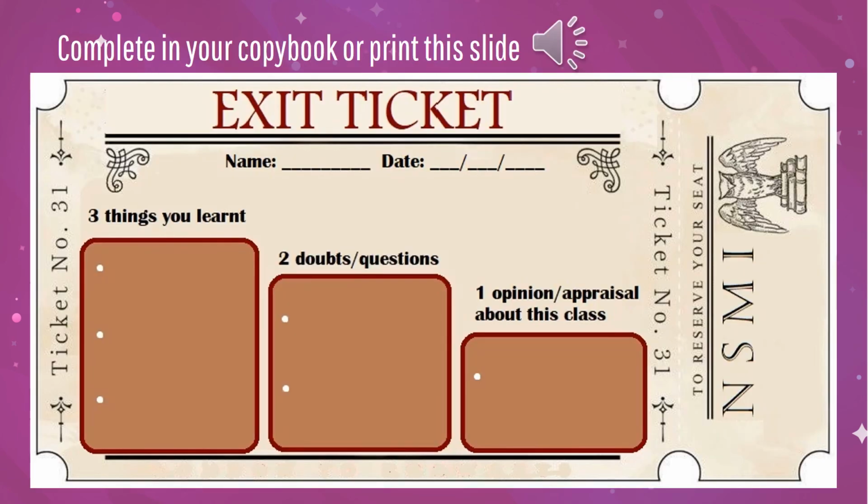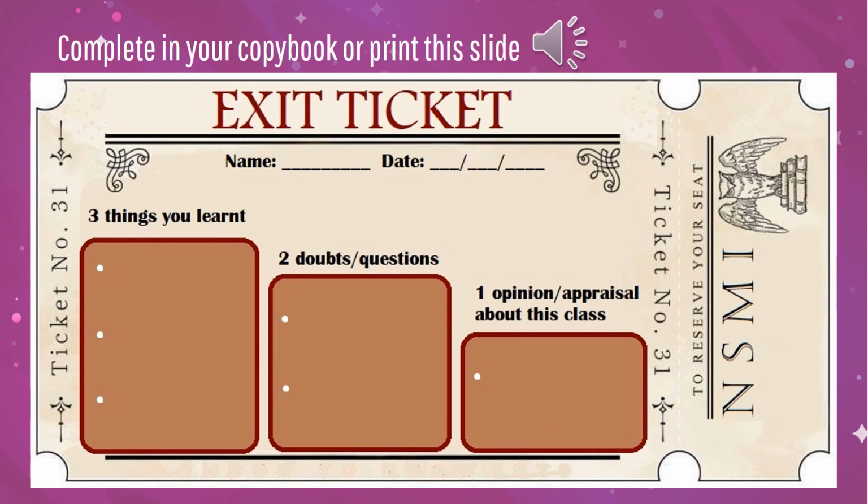Now, to finish this activity, as in the previous chapters, you have to complete in your copybook, or you can print the slide, to write the exit ticket. De nuevo, what is the exit ticket? In the exit ticket, you have to write 3 things you learned in this chapter or this reading, 2 doubts or questions, and 1 opinion or appraisal about this class.